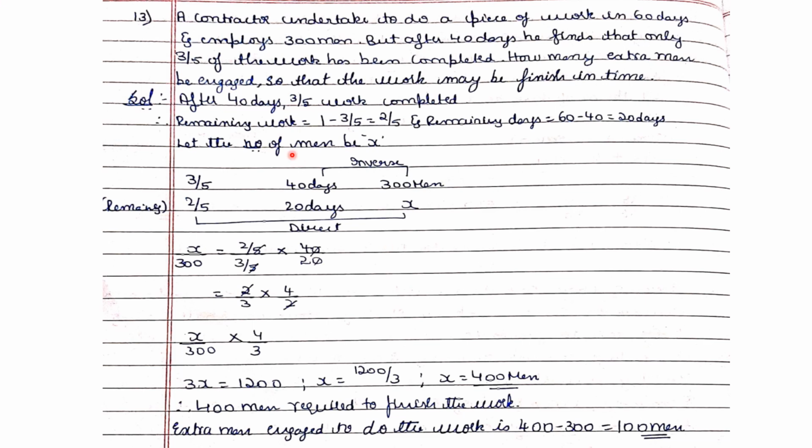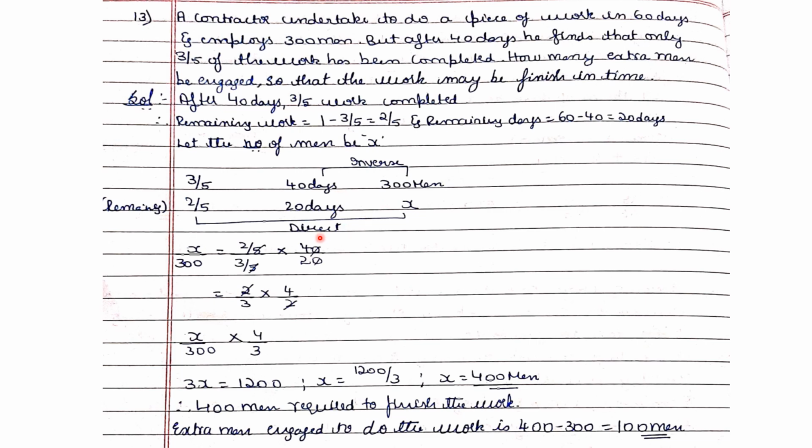In the same way, if days are getting less, you require more people, because when days are decreasing, you require more people to complete the work. That is why this is called inverse. Why? Because one is becoming less and one is becoming more.